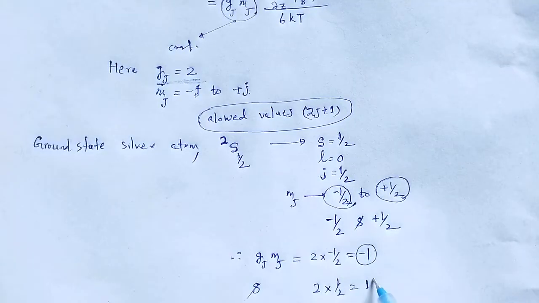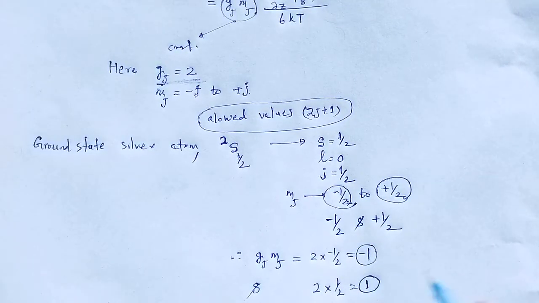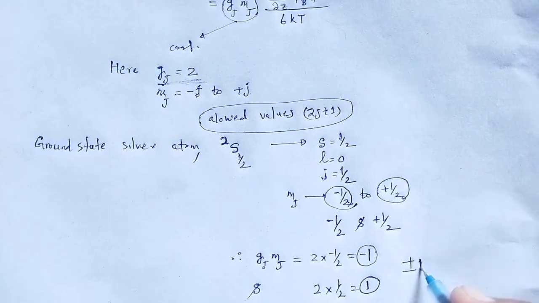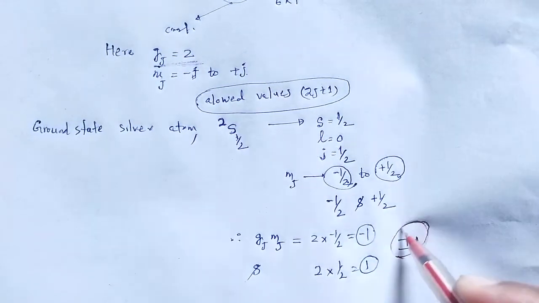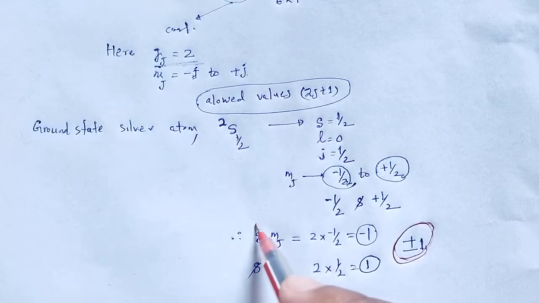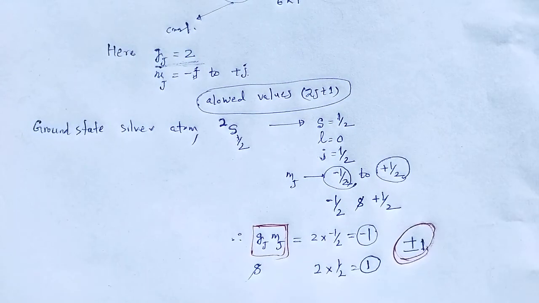One is minus 1, another one is plus 1, that means we get plus minus 1 as the value of the gj mj term.